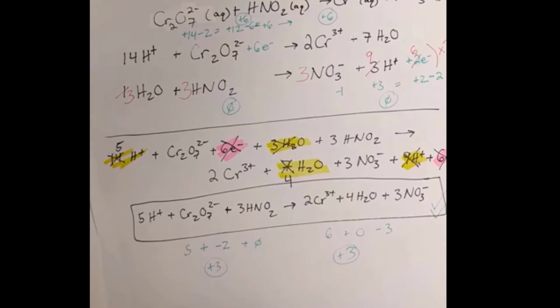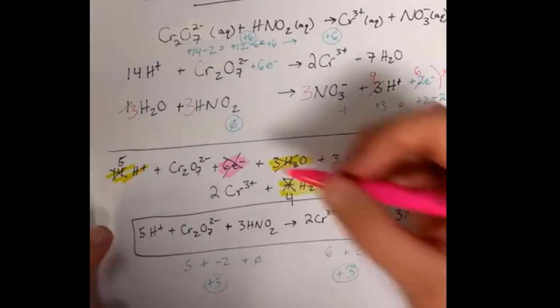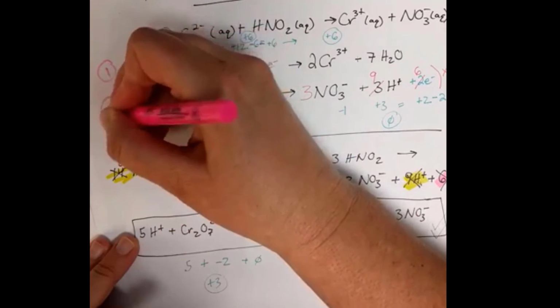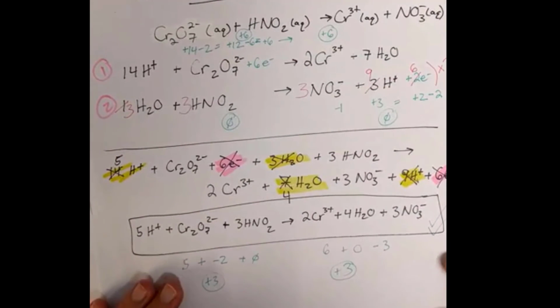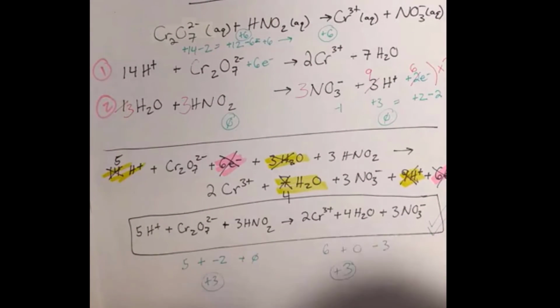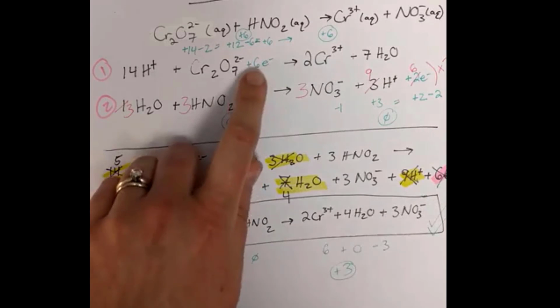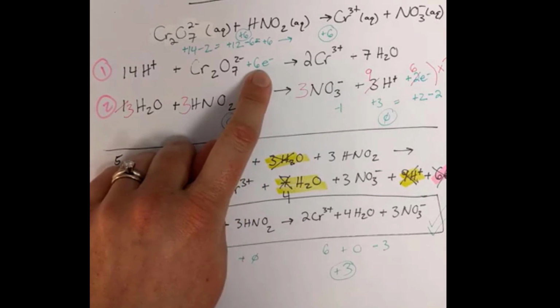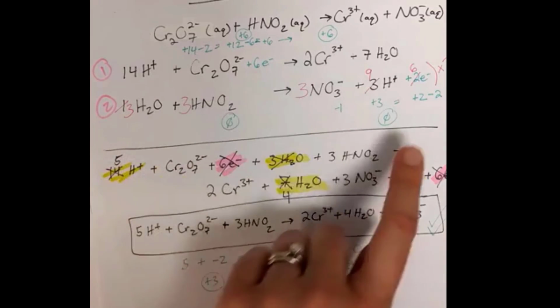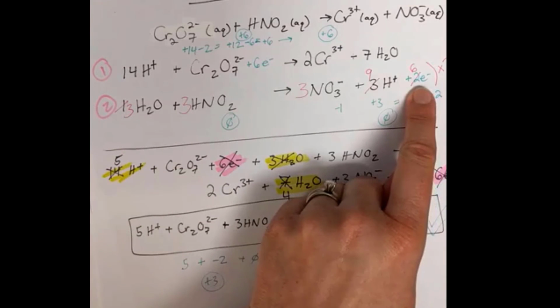Alright, the last thing I might ask is which one of these equations was an oxidation reaction and which one is a reduction. Up here, we've got these 2 equations, number 1 and number 2. So which one is an oxidation reaction and which one is a reduction reaction? Remember, if you got electrons on the left side of the equation, that's reduction. If you got them on the right side of the equation, that's oxidation.